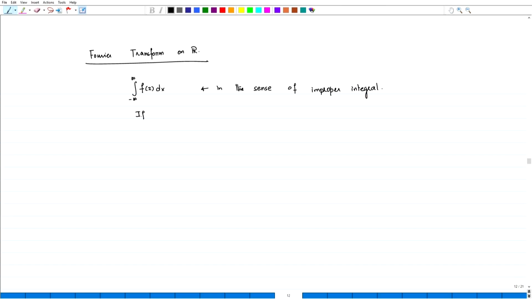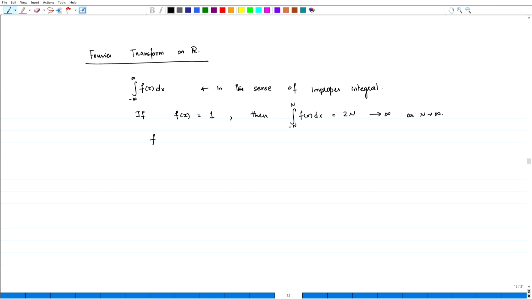There, every continuous bounded function is integrable, but in this case, if f of x is equal to the constant function 1, then the integral from minus n to n of f of x dx is equal to 2n, which goes to infinity as n goes to infinity. So, therefore, it is not Riemann integrable on R.